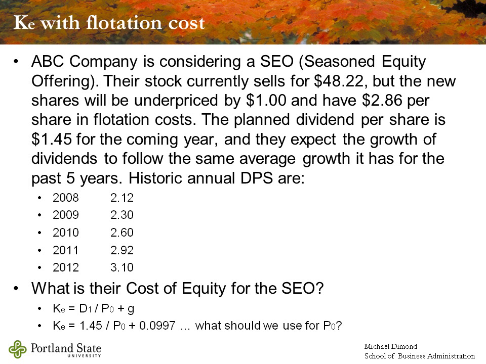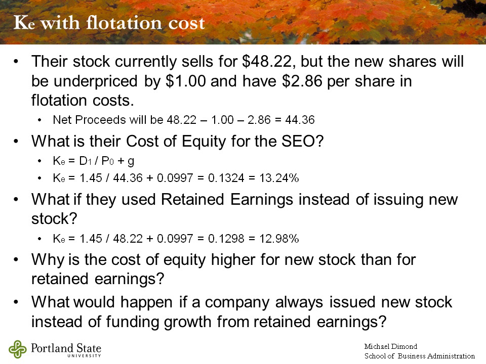So here's what we're going to do about the price. We're going to find the net proceeds, which is going to be the expected selling price, $48.22, adjusted for the underpricing of $1 and adjusted for the flotation costs the company has to bear. So the net proceeds are going to be $48.22 minus $1 minus $2.86, or $44.36.